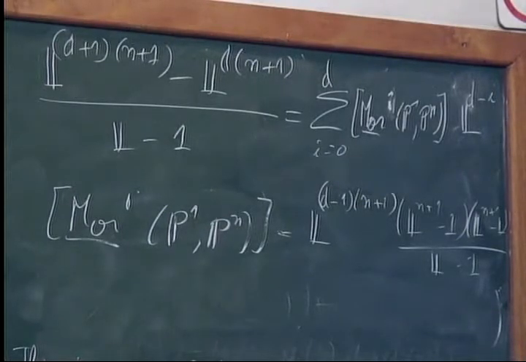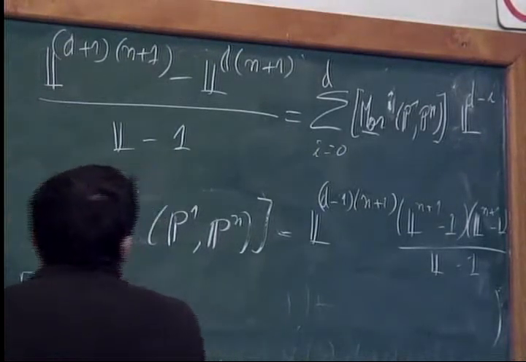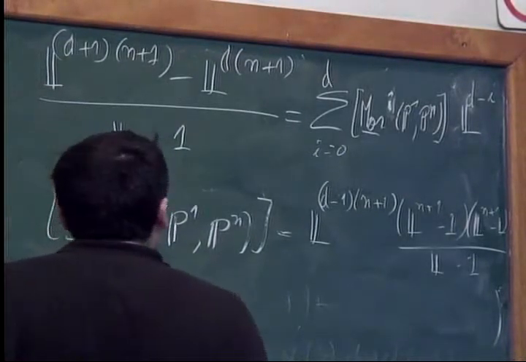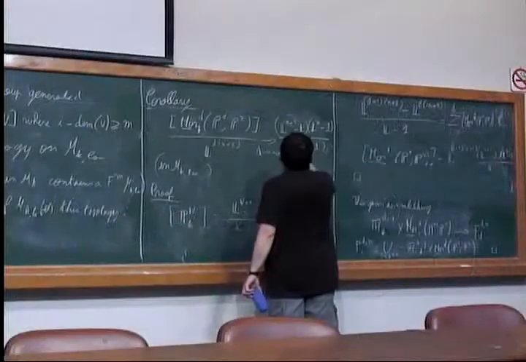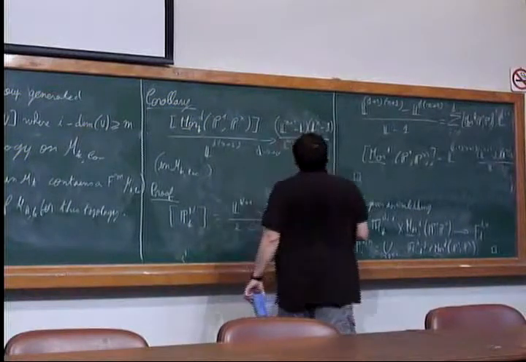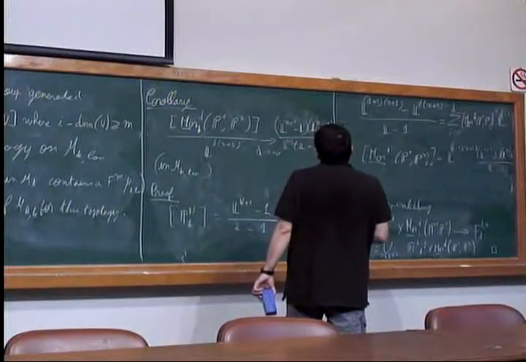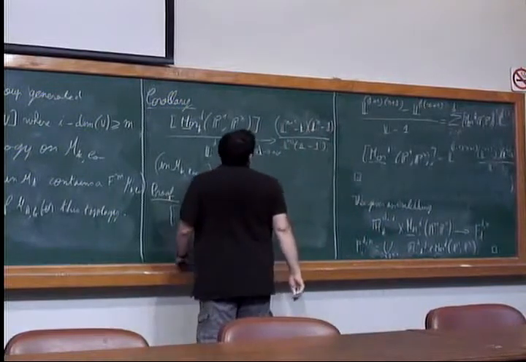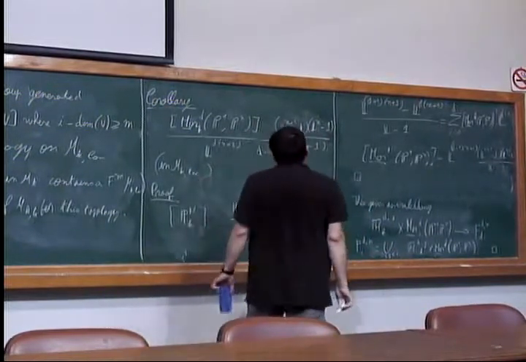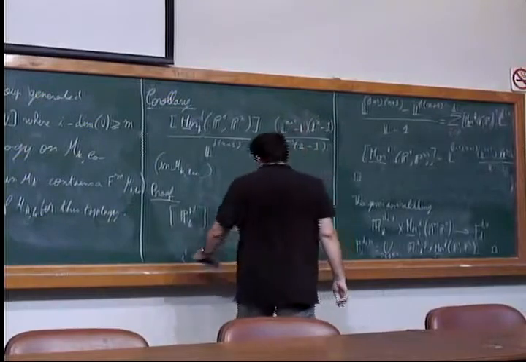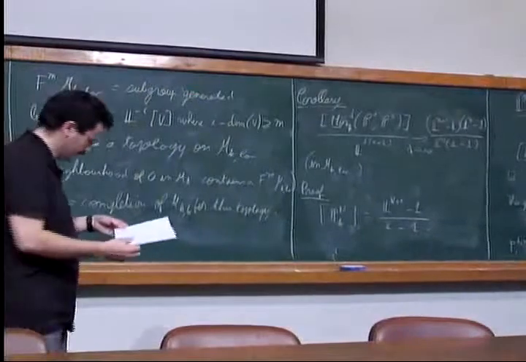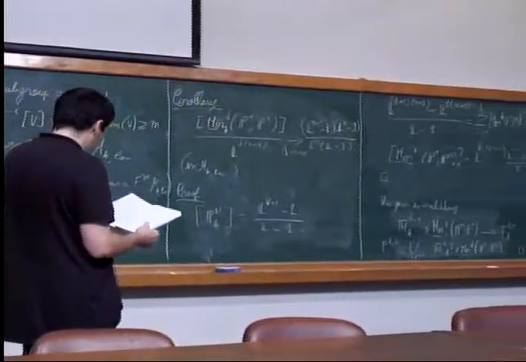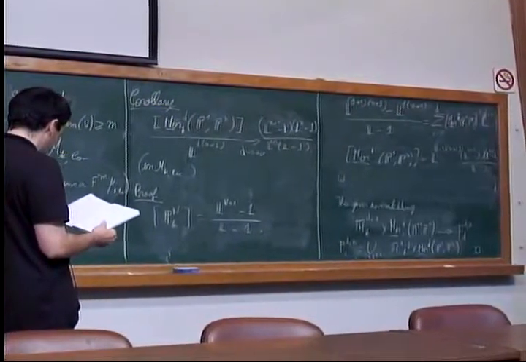Okay, this one is correct, but the previous one is not. So this one is not correct. I have, I think, to divide by L at the power n plus 1, something like that. Sorry. I wrote it slightly differently in my notes, so I have to reconstruct what I wanted to say.